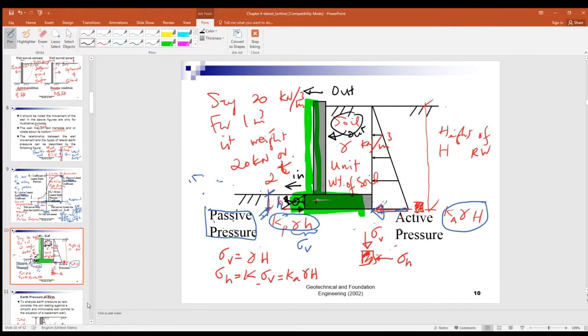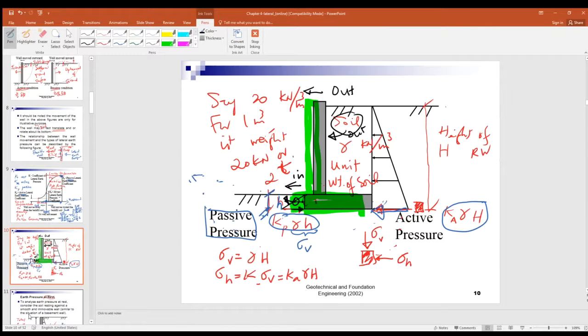So is that clear? On the right hand side is the active pressure. On the left hand side is the passive pressure. So the active pressure is balanced by the passive pressure in order to make the retaining wall stable.